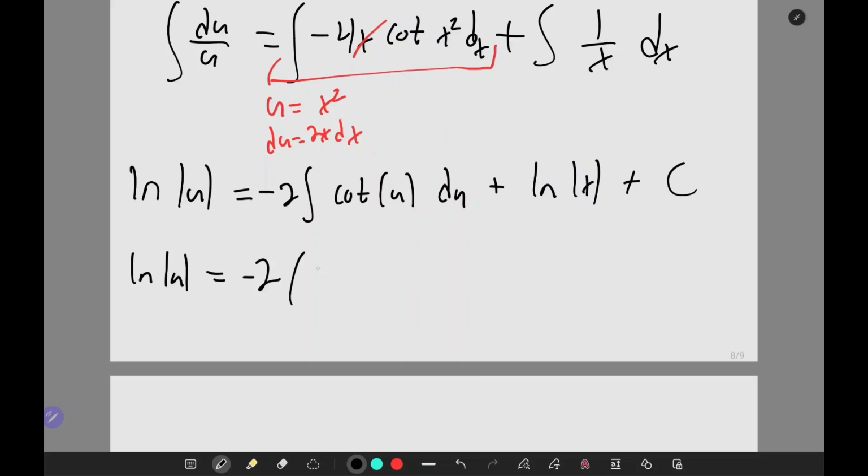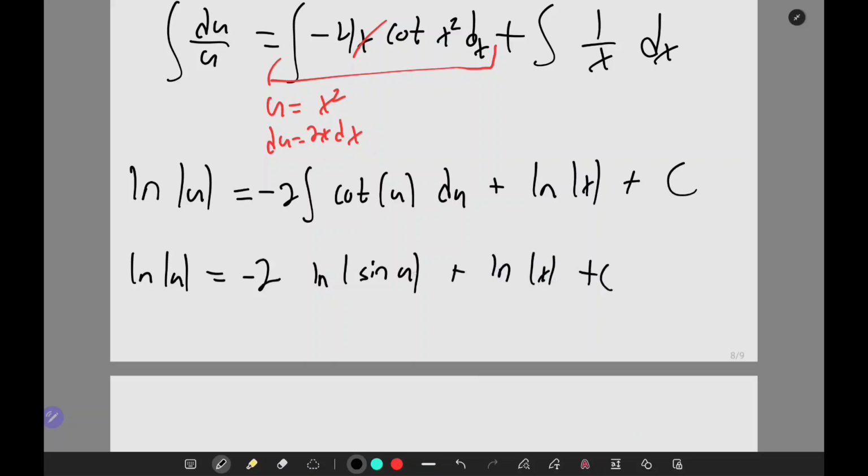Okay, so it's the natural log of sine. See, I used to have all these memorized, and it's been almost a year since I've done this. So natural log of sine of u plus the natural log of x plus c.